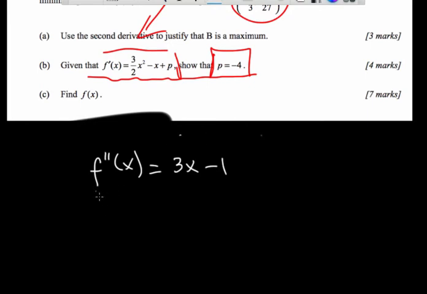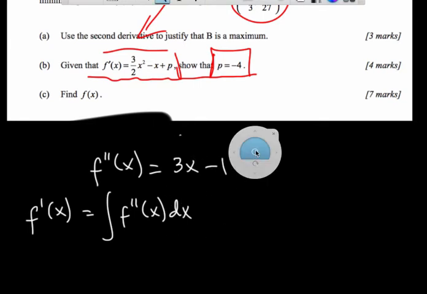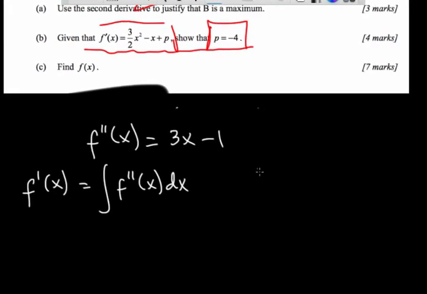So if we want to find the first derivative, it's the same as the integral of the second derivative, dx, right? Hopefully that makes sense. You don't have to write that line, but it's just to be mathematically correct. Now that would look like the integral of this expression here, 3x minus 1 dx.